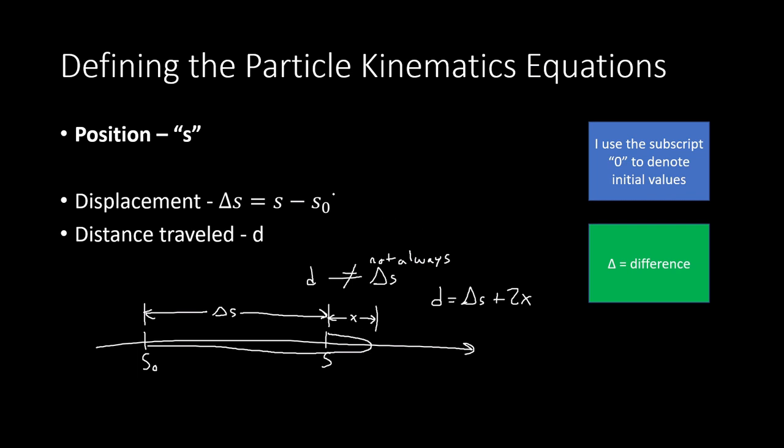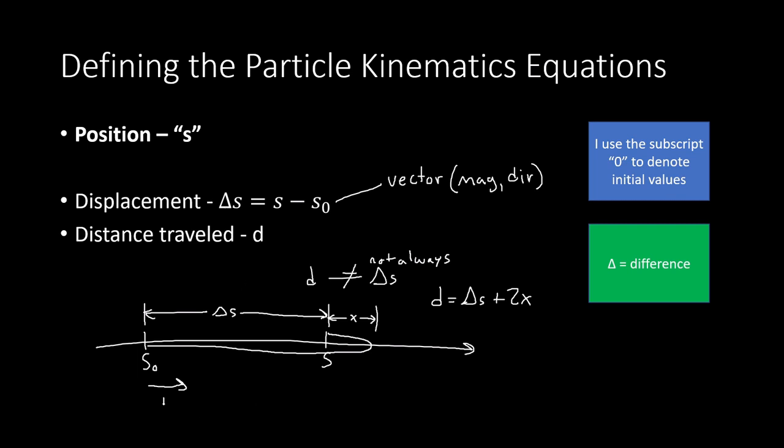Now, one last thing to note that is very important is that the displacement is a vector quantity, meaning that it has both magnitude and direction. In this case, the magnitude is going to be the length of this right here, and the direction is going to be this way. Because it has a direction, that also means you can have positive and negative values for this.